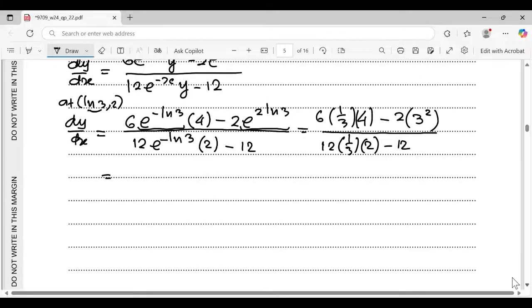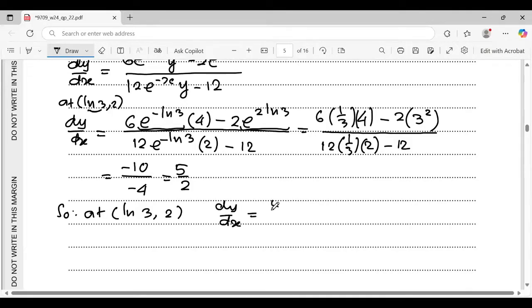Let's continue the calculation. It becomes minus 10 over minus 4, so it becomes 5/2. So we can state that at coordinate point ln 3, comma 2, dy/dx equals 5/2.